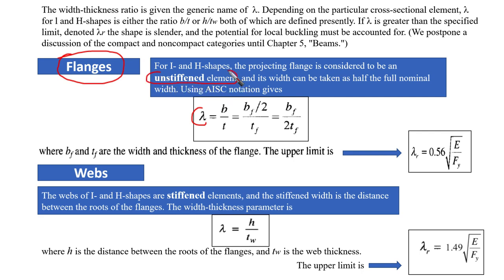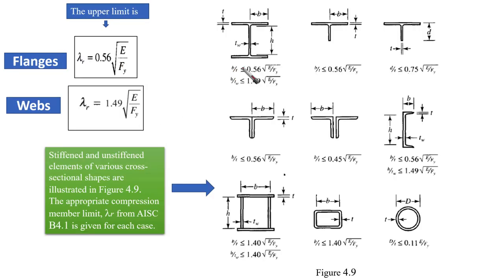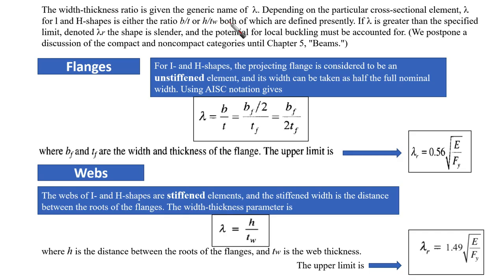Unstiffened element. Why? Because the flange is supported by the web here, but nothing here. So it is unstiffened. But the webs are considered to be stiffened elements. Why?